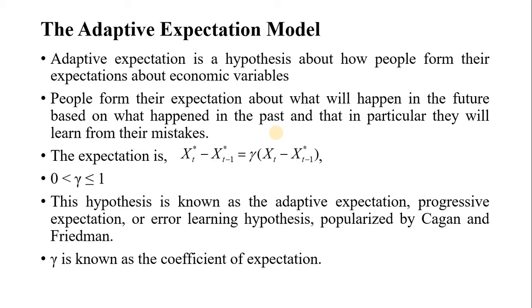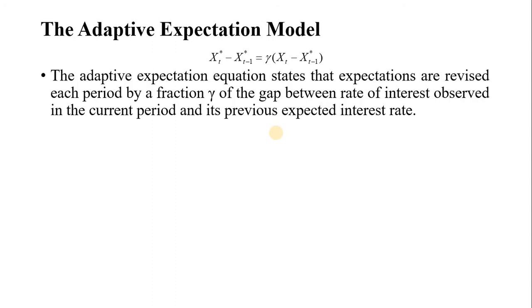Now, what does this equation say? x star t minus x star t minus 1 is equal to gamma times x t minus x star t minus 1. This equation says that the expectations are revised in each period by a fraction gamma of the gap between the rate of interest observed in the current period and its previous expected interest rate.